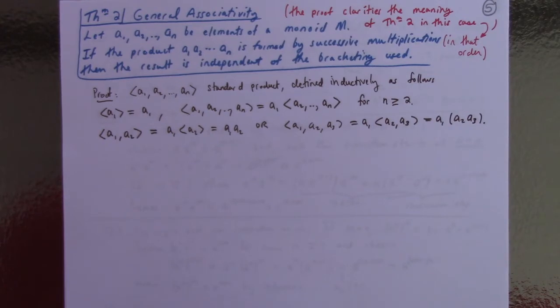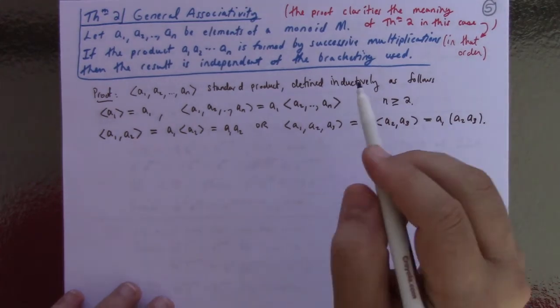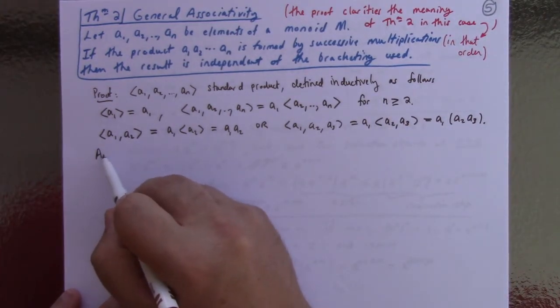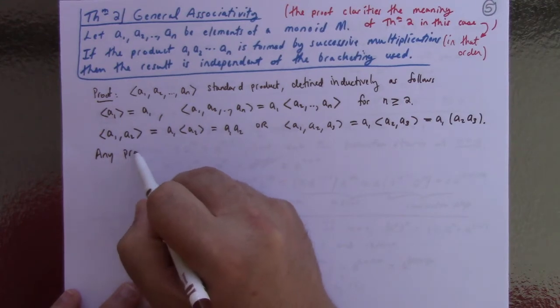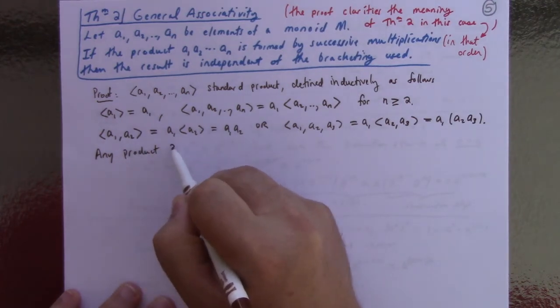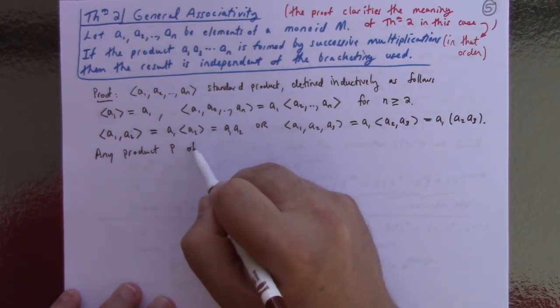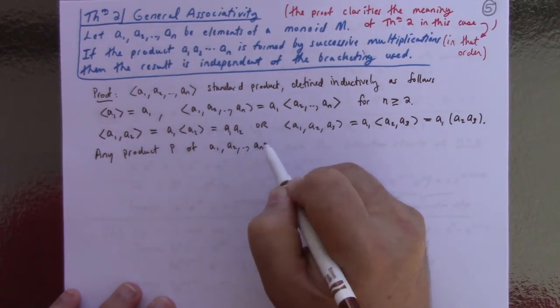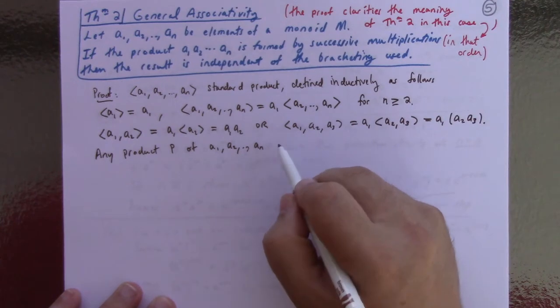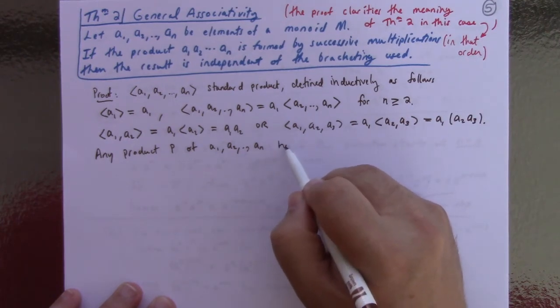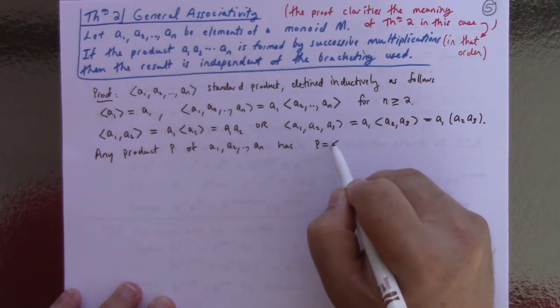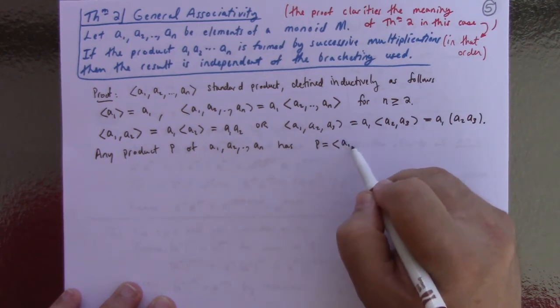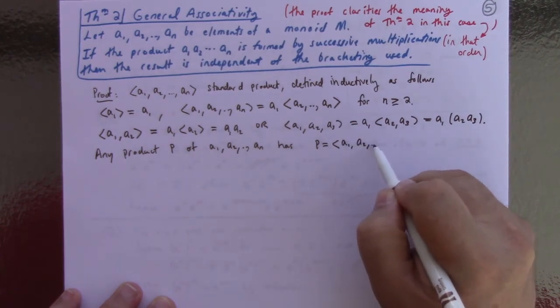So what we're going to do is use strong induction to prove that any product P of a1 through an in that order can be rewritten as the standard product. So any product P of a1, a2, ..., an equals the standard product of a1, a2, ..., an.